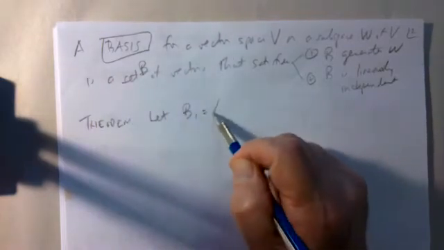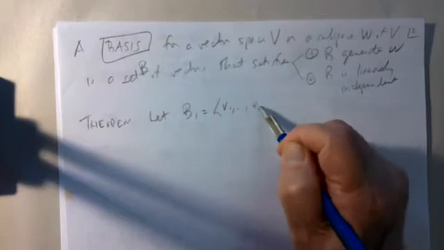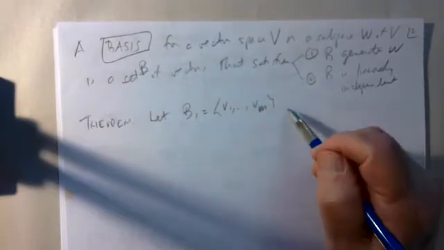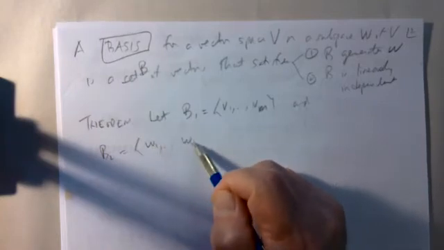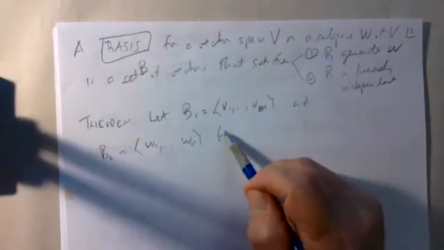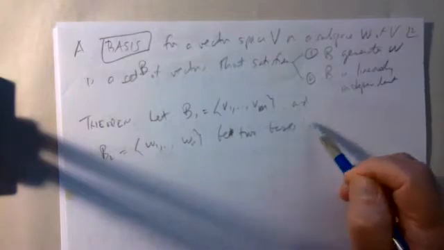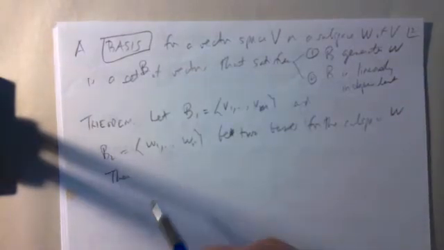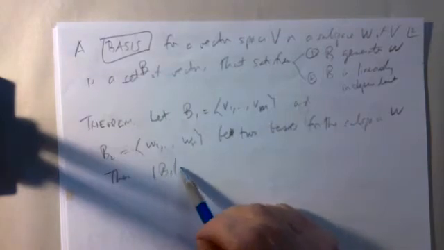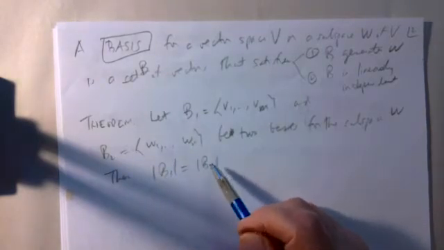Suppose we have two bases for the same subspace. So suppose B1 consists of m vectors, and B2 be a set consisting of n vectors. And suppose these are two bases for the subspace W, then in fact they have to have the same cardinality. The number of elements in B1 equals the number of elements in B2.